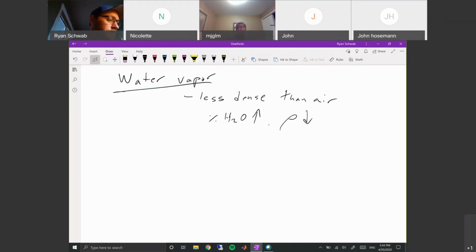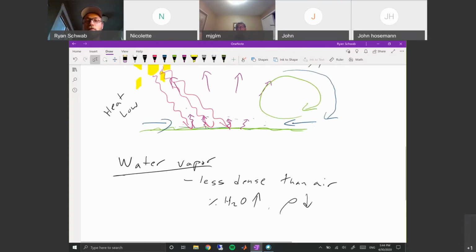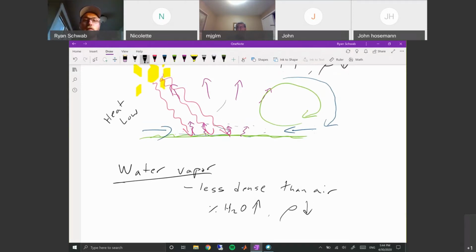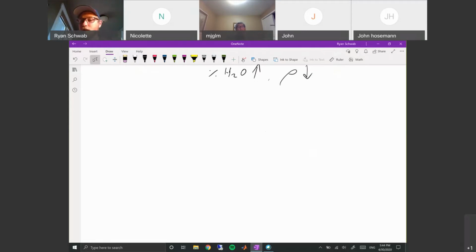And so with that, if we have humid air rising up in one of these heat low systems, as that humid air gets higher and higher up, it's also cooling. It's also moving into a lower pressure area, and eventually it reaches a point where it's going to cool to form a cloud. Cools to form clouds.